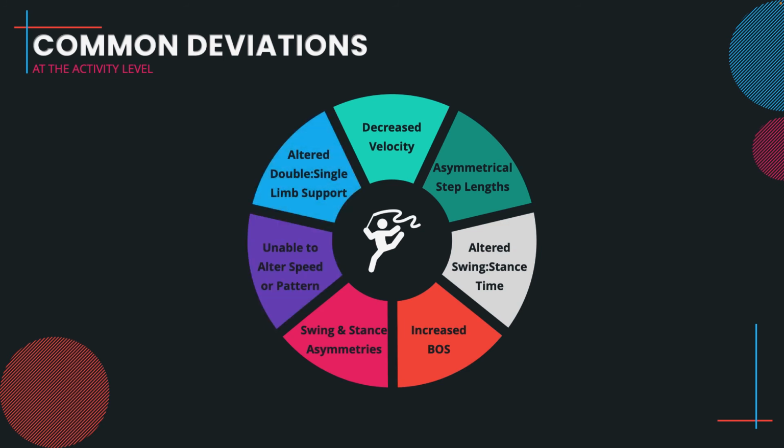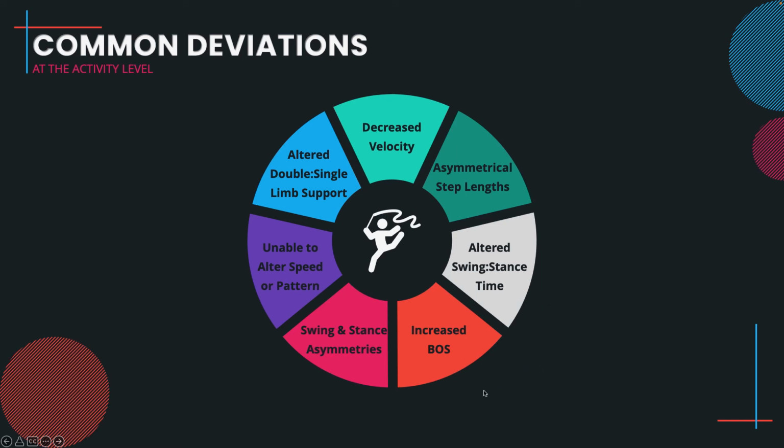So these are common deviations associated with gait at the activity level that look at gait from more of a temporal spatial kind of viewpoint, or a global functional kind of viewpoint. And so we have decreased velocity, asymmetrical step length, altered swing and stance time, increased base of support.